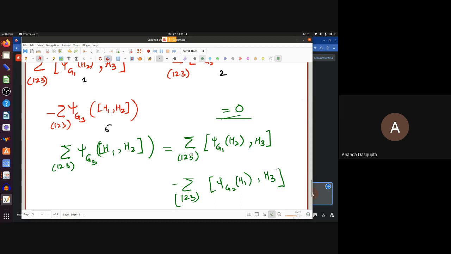This is the cyclic sum of all 3 terms. So in fact, when you say cyclic sum of ABC, it is the same as the cyclic sum of BCA and the cyclic sum of CAB, right? Instead of using ABC here, you could write BCA or you could write CAB. So it's the same cyclic sum.